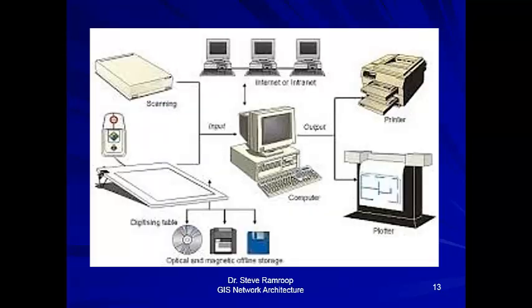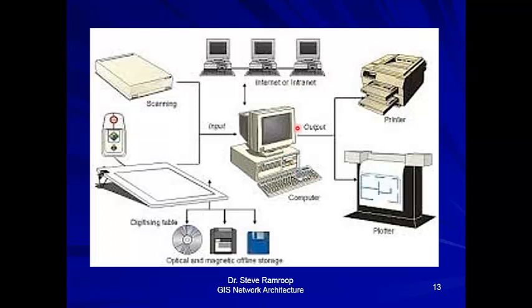On this diagram, you see another configuration, but more explicitly you are seeing the other peripherals connected onto a computer, and this computer can be looked upon as a server or a high-end PC that is connected through the internet or some intranet within an organization.